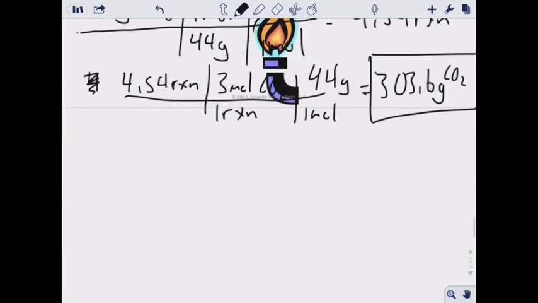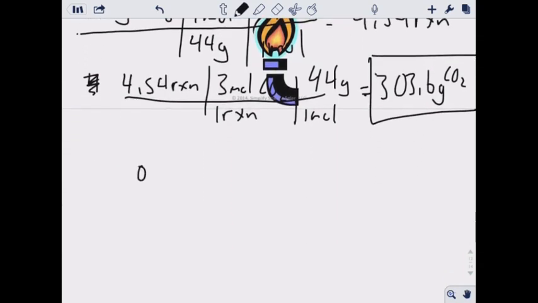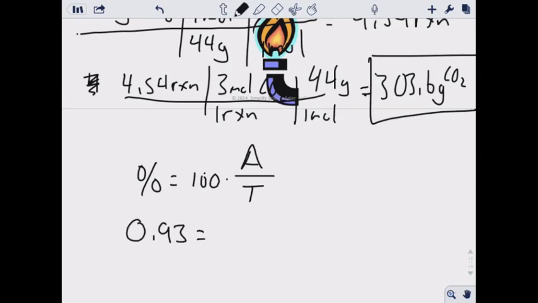Well, let's look at our equation. Percent yield will equal 100 times our actual all over our theoretical. So how do we solve for our actual yield? Well, the first thing we can do is take our percent and divide by 100, and we'll get 0.93 equals our actual all over our theoretical.